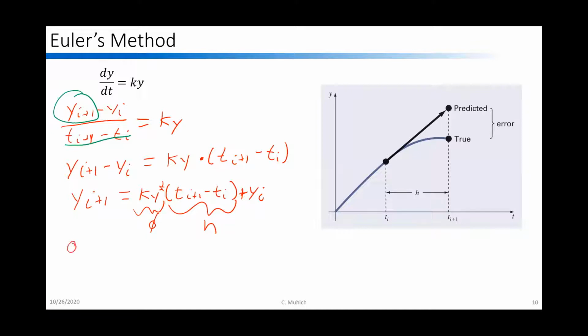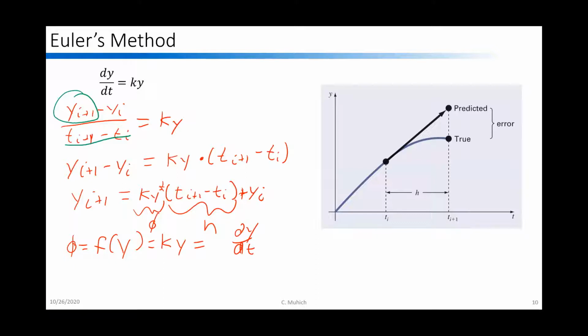So we can say that phi, which can be a function of y in this case, is equal to k y, which is equal to dy/dt.